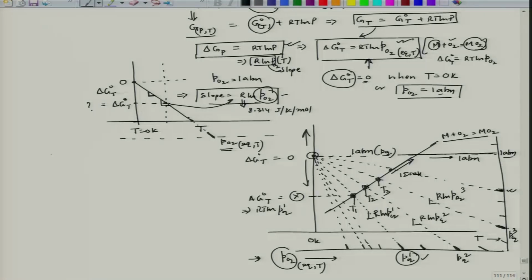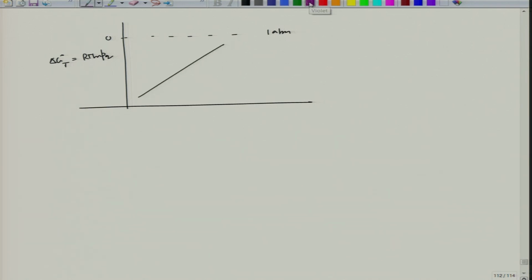So, let us say I have this particular RT ln PO2, which is nothing but delta G naught T. This is 0.1 atmosphere. Now, let us say there are 2 oxidation processes.